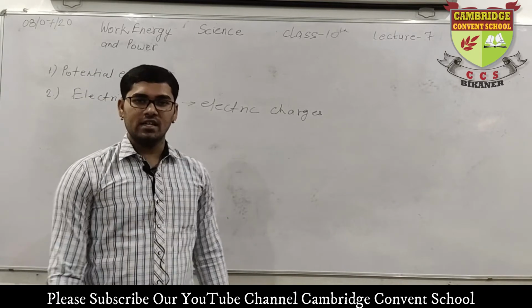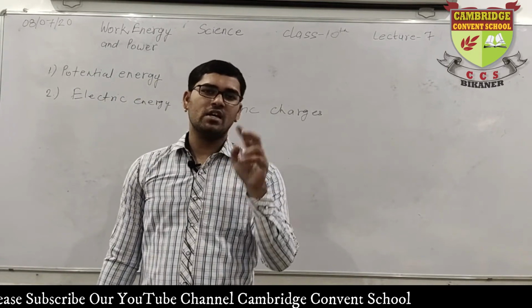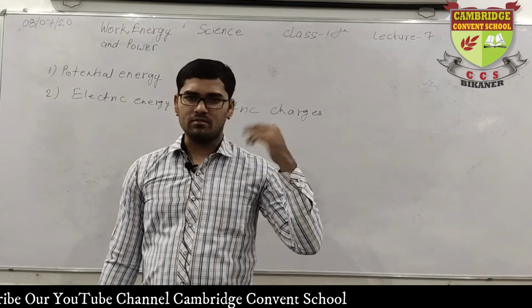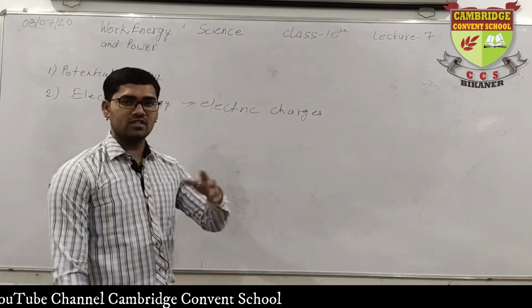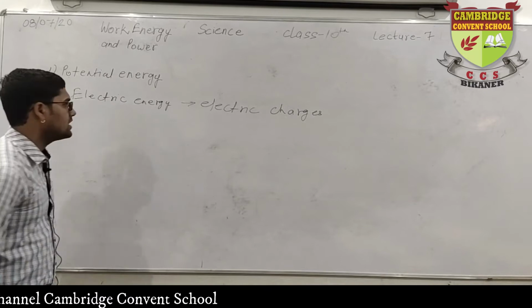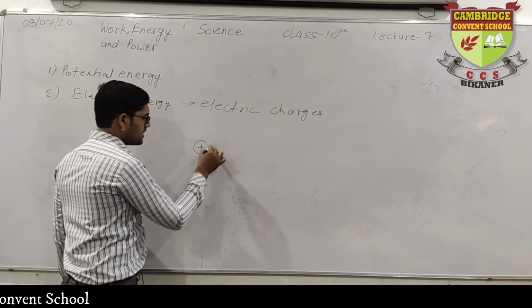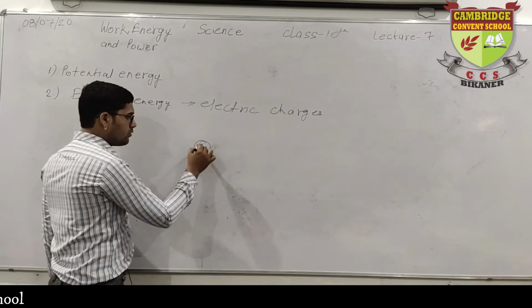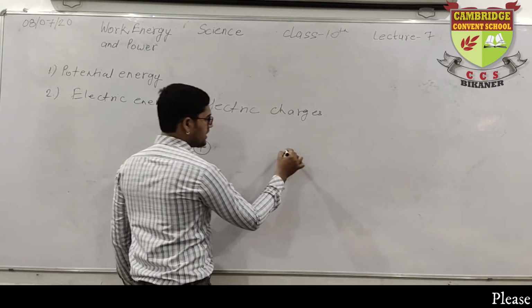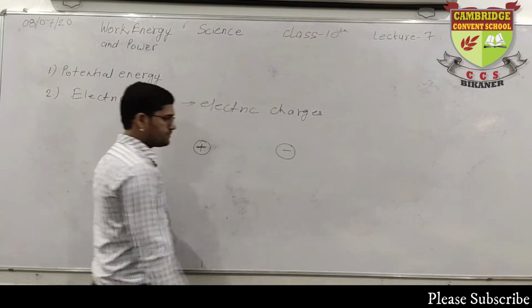There are two types of charges we have been studying in previous years and in previous classes. One is positive charge denoted by plus, and one is negative charge denoted by minus.